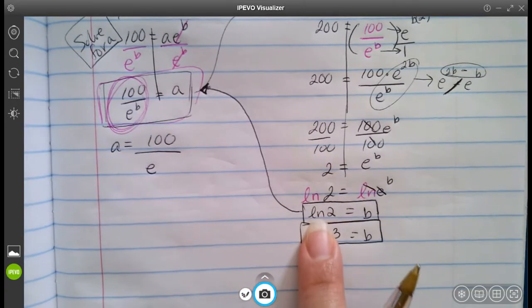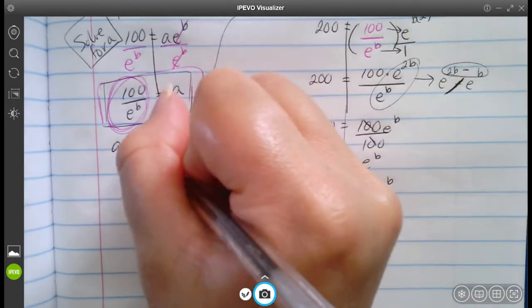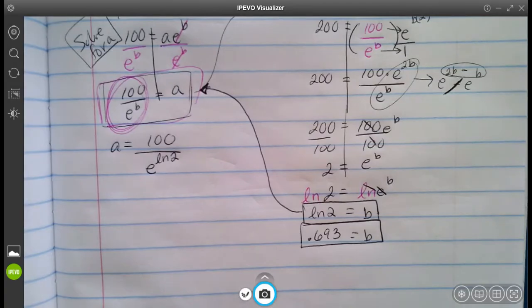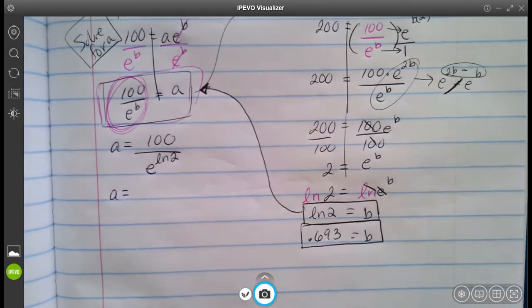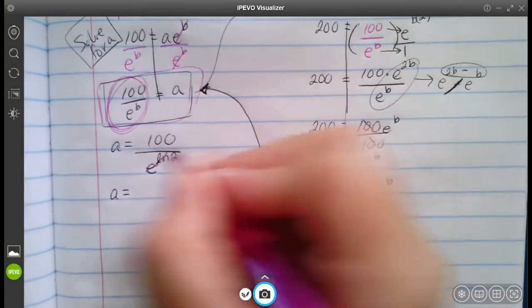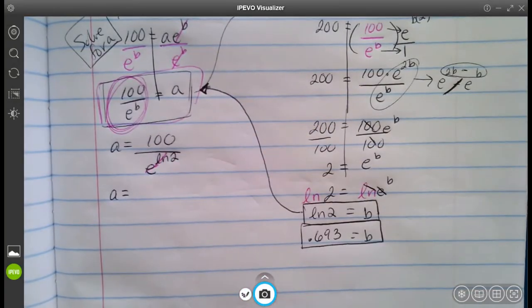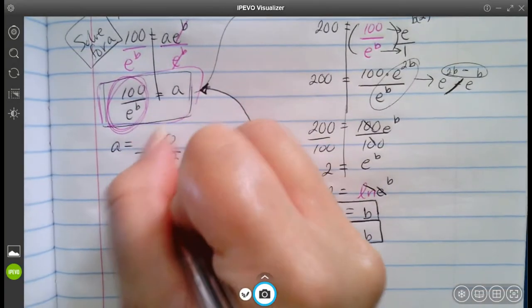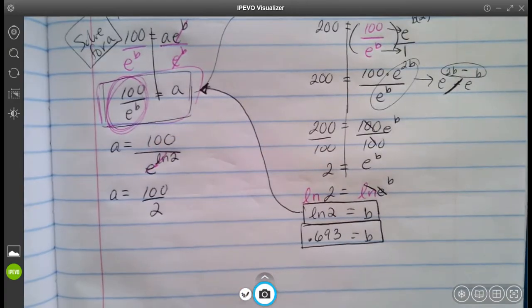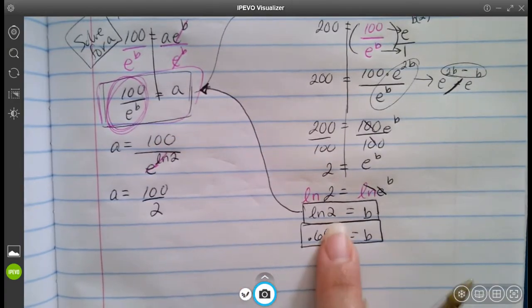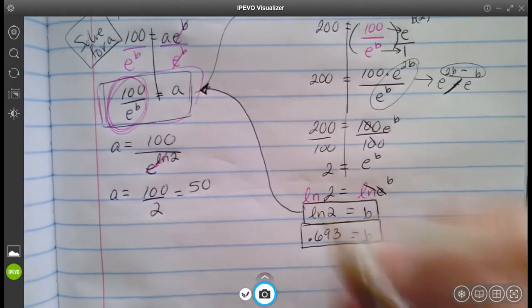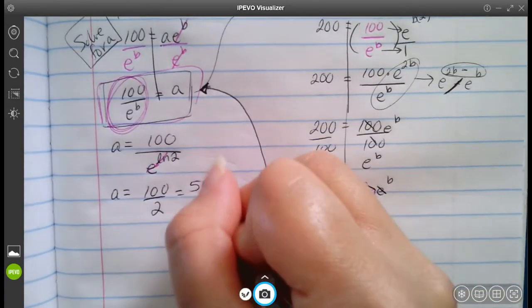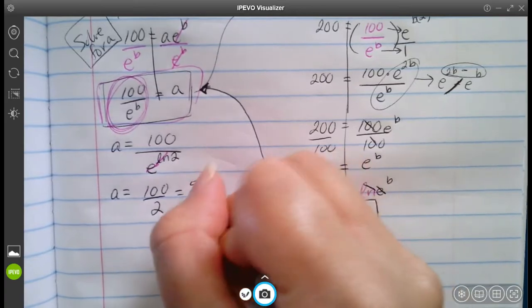But b is just ln of 2. If I keep going with that, e and ln give me just that 1 that I wanted, and I'm left with 100 over 2. See, this is why these are both important. And 100 divided by 2 is just 50. So this means that a equals 50.